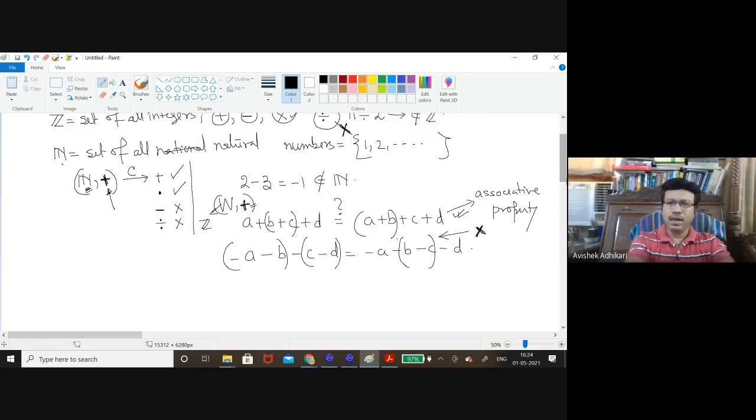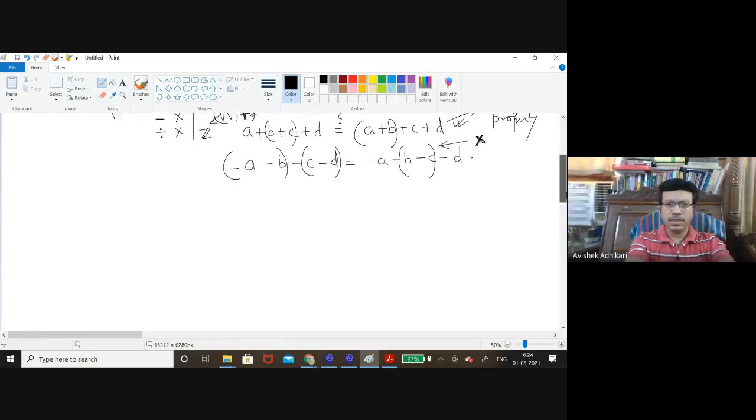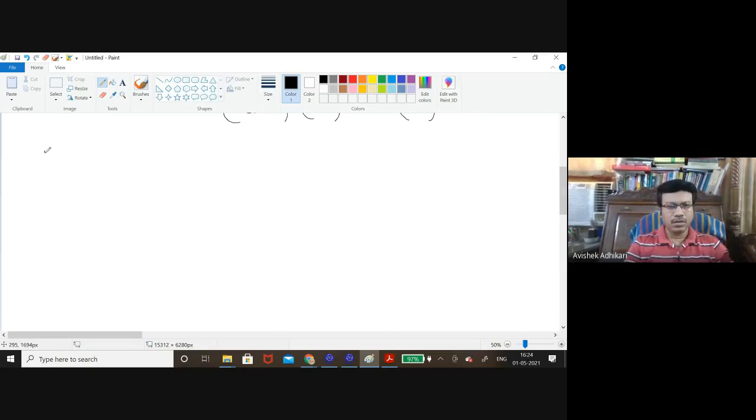Okay. Now think about a thing like this: in your W and maybe your star, you have some element E from W. It has a special property: whatever may be the element A from W, A star E equals E star A equals A. That means it will always give you back that element, from left or right, wherever you compose with it.